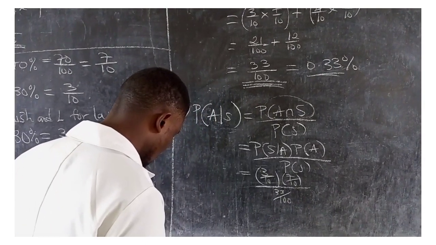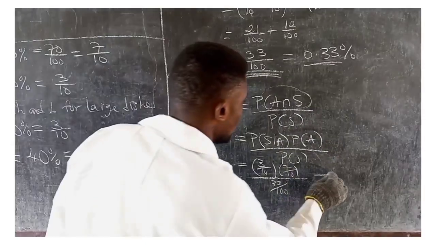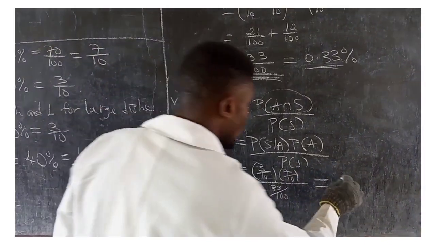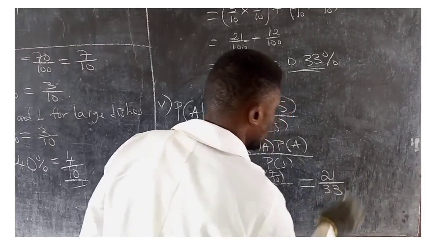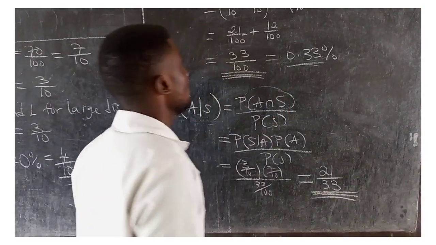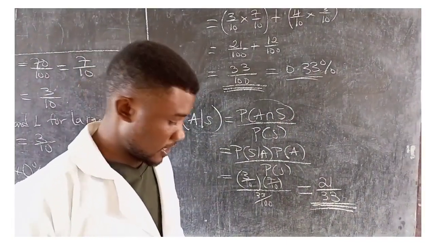If we simplify this correctly, it should give us 21 on 33 as the expected probability.